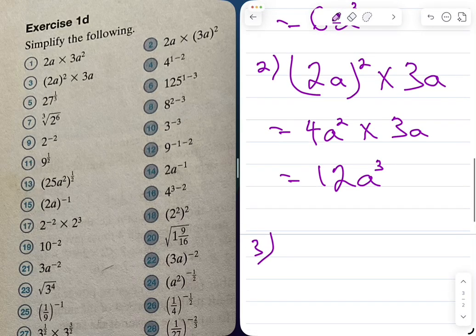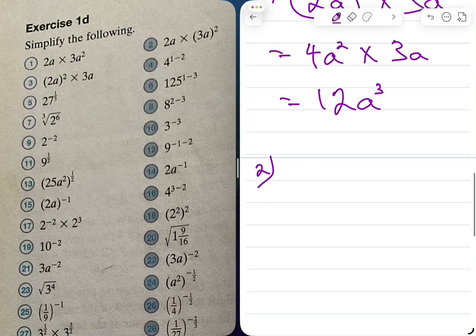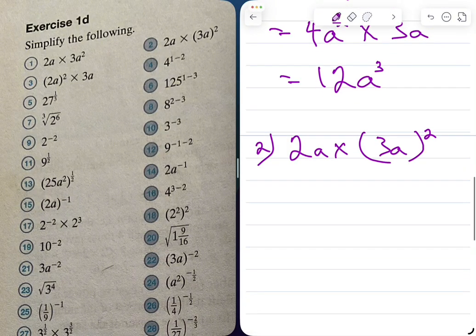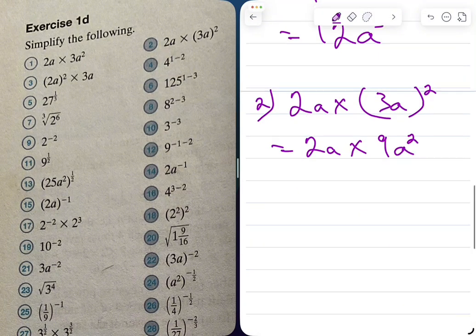Oh, okay, what I just did now was actually number 3. And this will be number 2. Number 2 is 2a times the square of 3a, which is equal to 2a times, the square of 3 is 9, and the square of a is a raised to power 2.